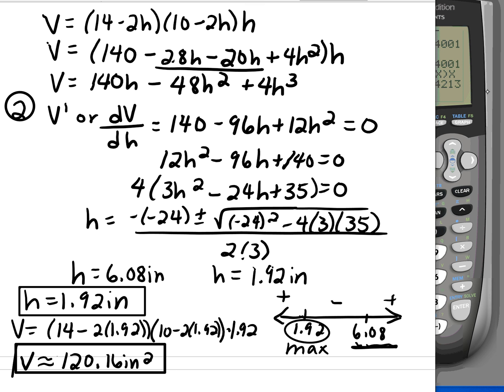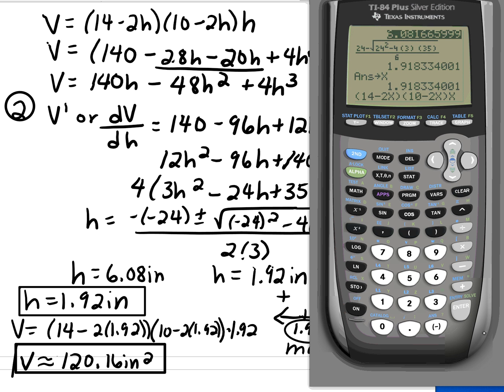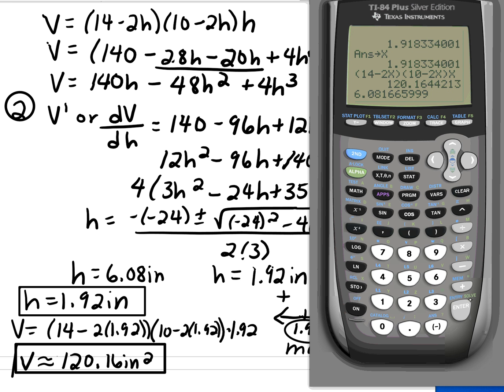If we did try to do the other answer, which was the 6.08, I'm just going to grab it and store that in x instead, just to show you. Then I go back and grab this original equation to plug it into. Notice that comes out negative, which doesn't make sense for volume.